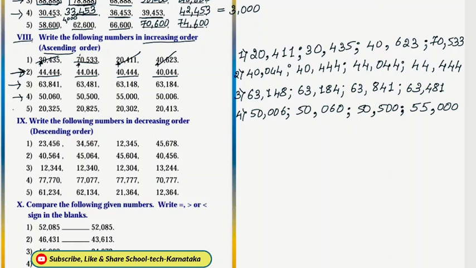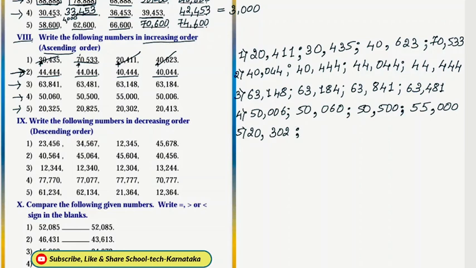So similarly for the next given set of numbers: 20,325, 20,825, 20,302 and 20,413. Our smallest number here is 20,302.